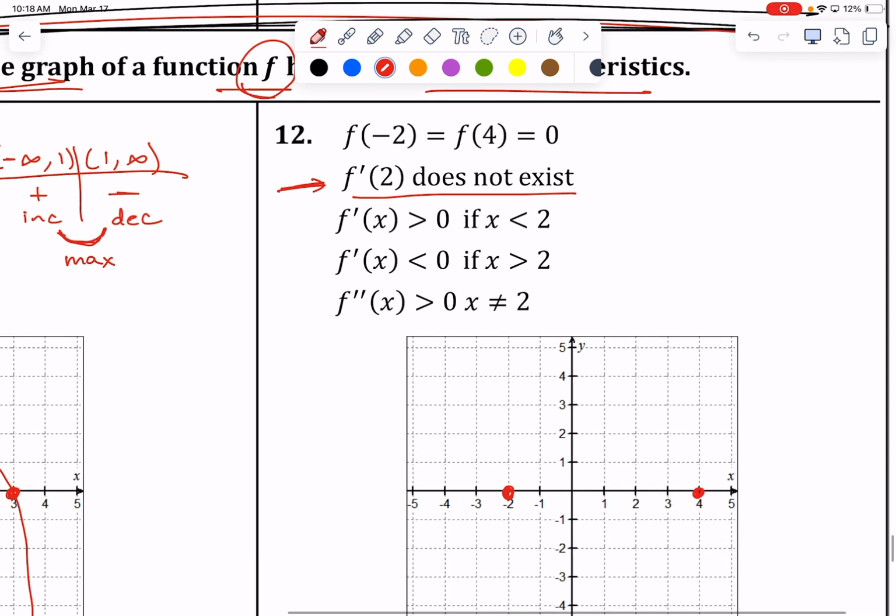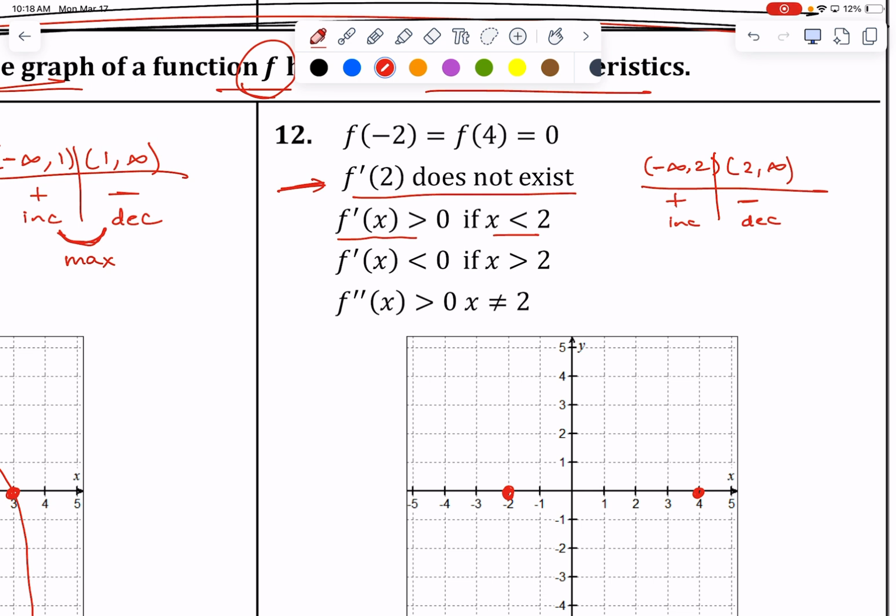All right, so f prime is greater than 0 for x. I'm going to do the sign analysis because I think it helps me visualize it. So from negative infinity to 2 and from 2 to infinity is what they've got. And they say from negative infinity to 2, it's going uphill, and then from 2 to infinity, it's going downhill. So it's increasing, then what? Decreasing. So I know I've got to go increasing up to 2.